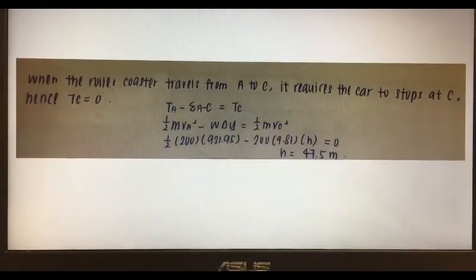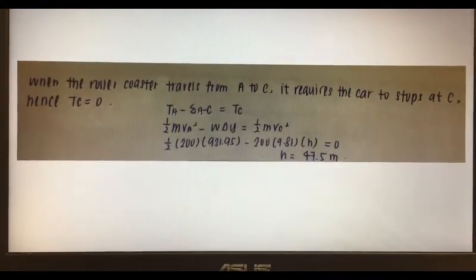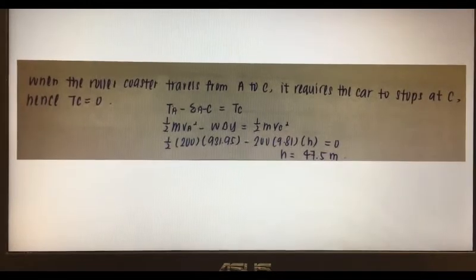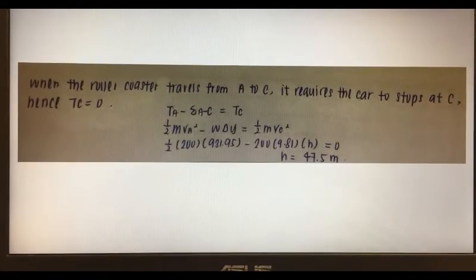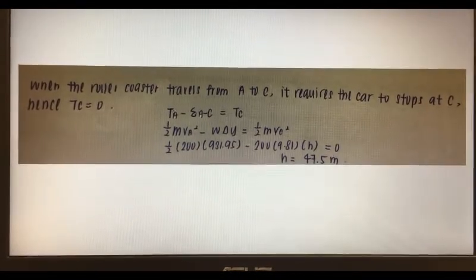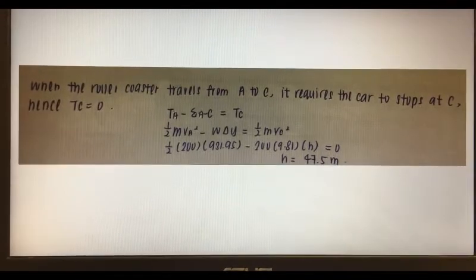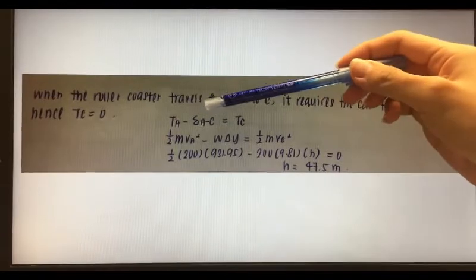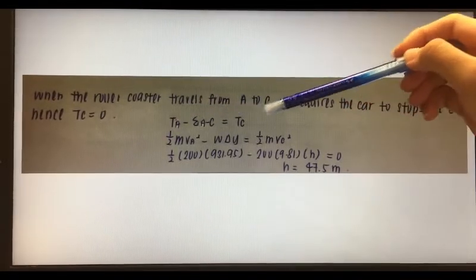When the roller coaster travels from A to C, it requires the car to stop at C, hence TC equals 0. For this situation, we also use the equation of the principle of work and energy. TA minus work equals TC.